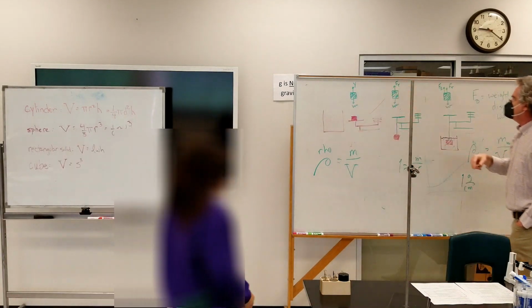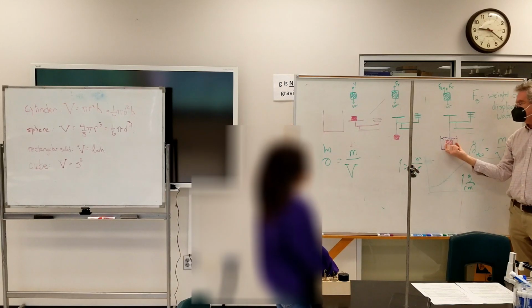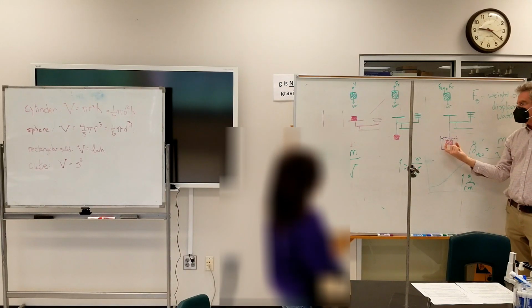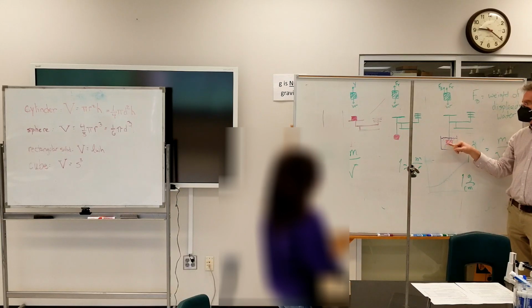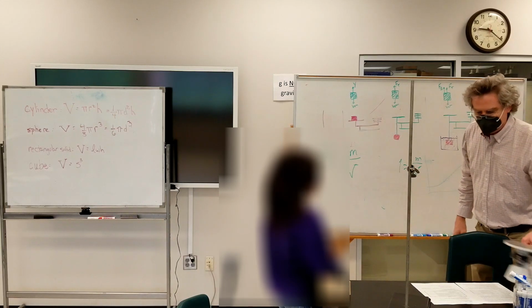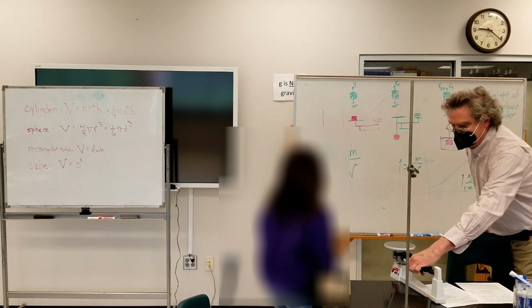Logistically, when you're putting the cube into water here, you don't want the cube touching the glass at all, so it needs to be suspended in there. It's sometimes helpful to have this set up, potentially just dangling off the edge like that.